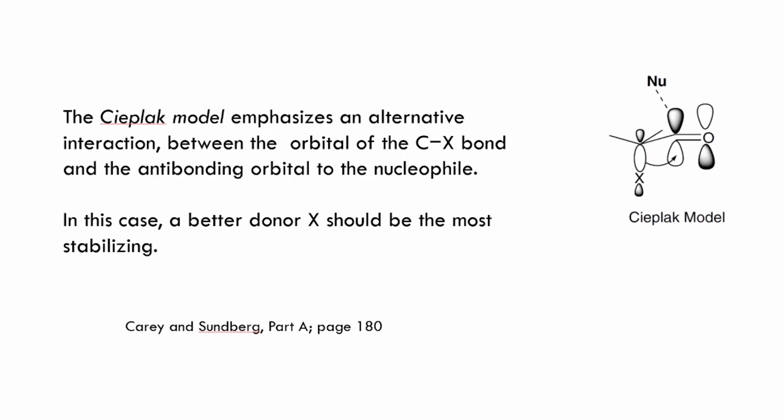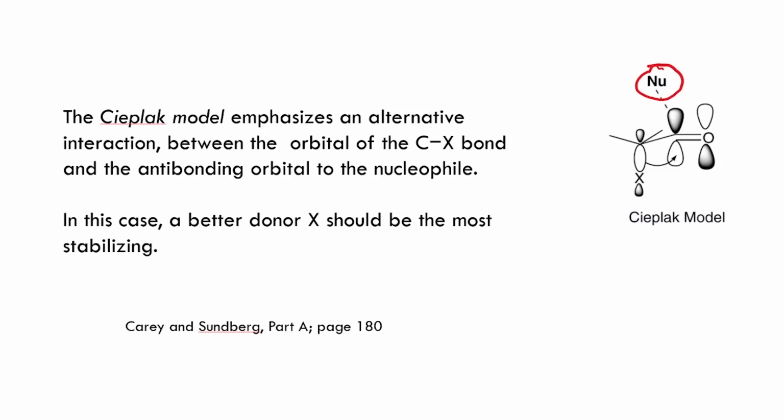Alright, so the model basically suggests that an alternative interaction between the carbon X bond and the antibonding orbital is important, and that dictates the most reactive conformation wherein the nucleophile can approach.